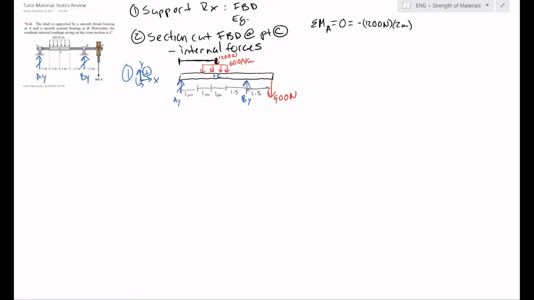And then we have our By, just pushing upwards, so causing a positive moment at A. And we will add another meter, so 3 meters, 4.5 meters away. Make sure to get our units on there.